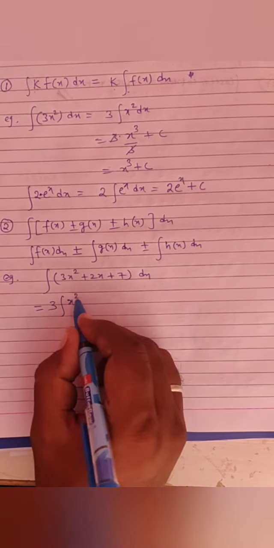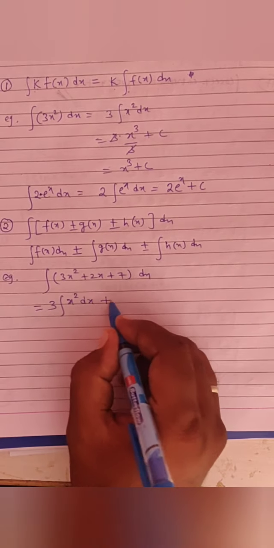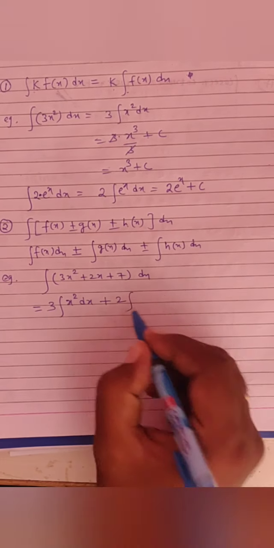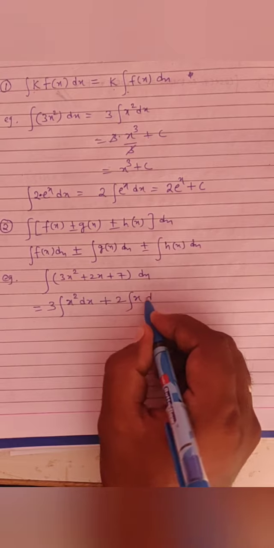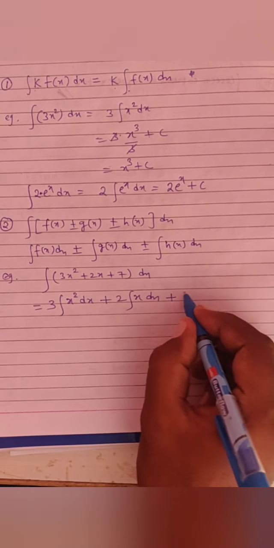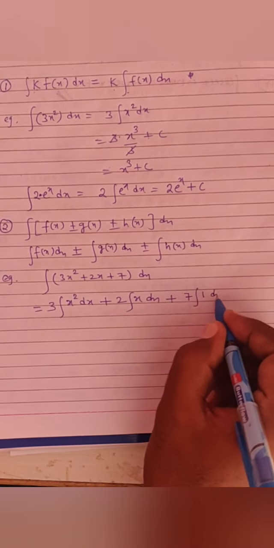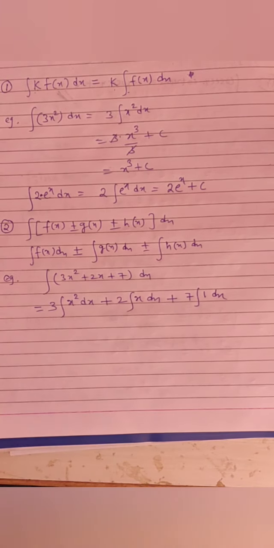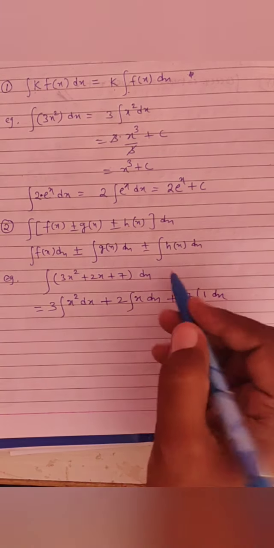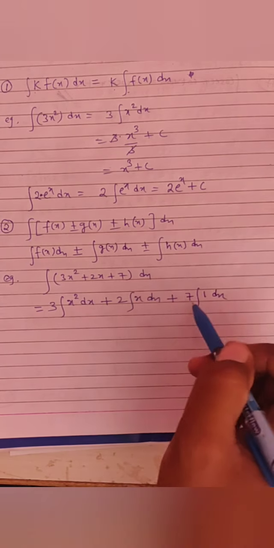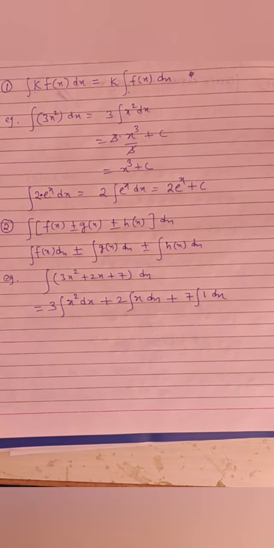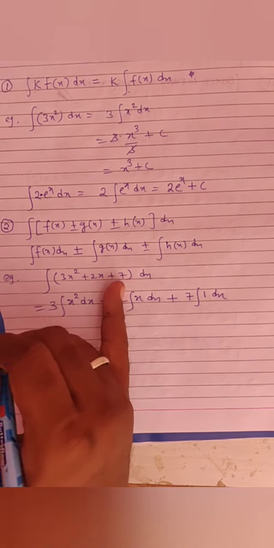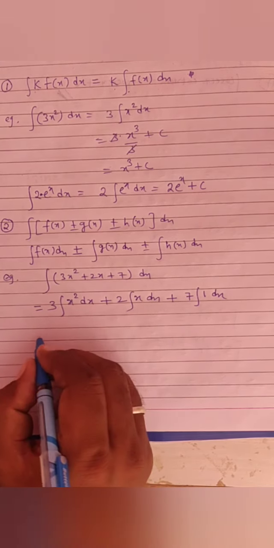So integration of x square, plus 2 is constant, so 2 is common, integration of x, plus 7, again constant, or integration of 1, or directly you can write integration of 7 also because this is a single constant. The integration of a single constant is constant into x, plus c, not 0. Derivative of a constant is 0, but integration of a constant is constant into x plus c.